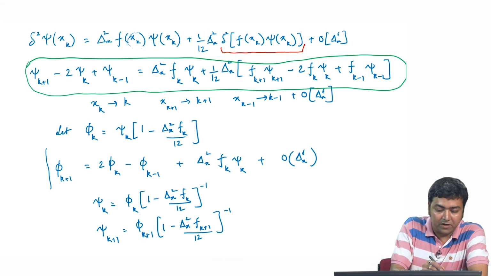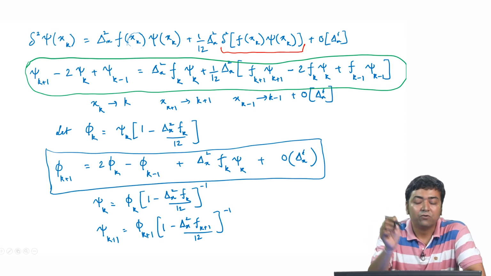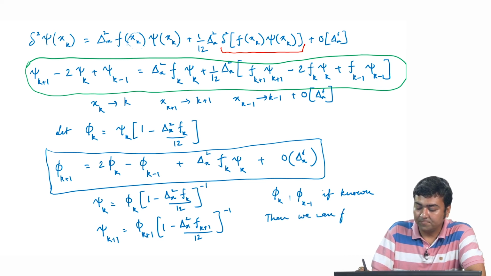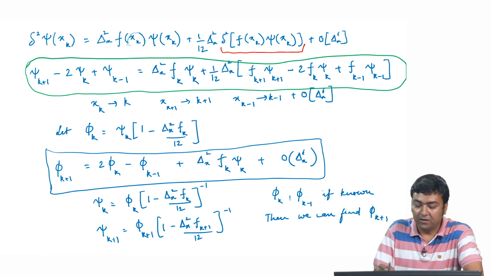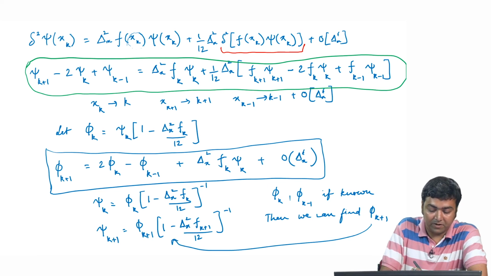So, this is my equation. What this equation tells me is that if phi_k and phi k minus 1 are known, then we can find phi k plus 1, and once we know phi k plus 1, by putting it in this equation we can find psi k plus 1 also.